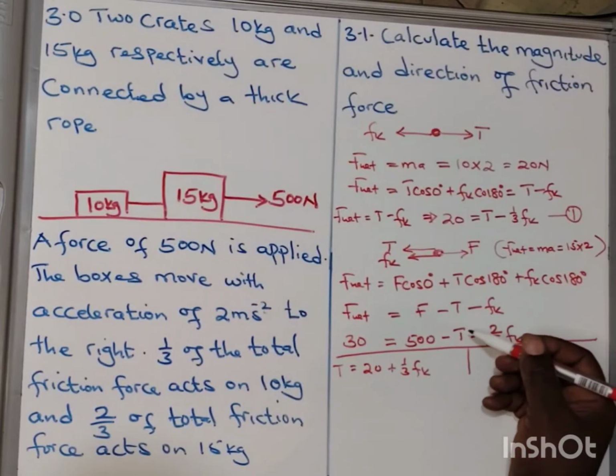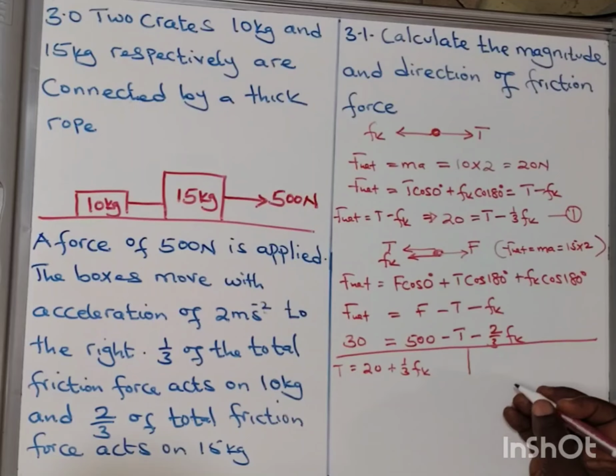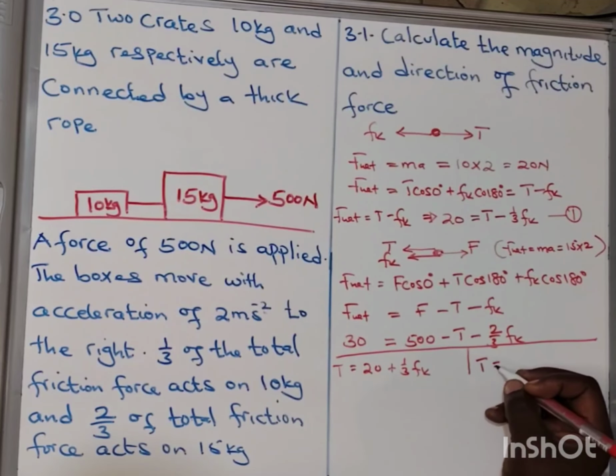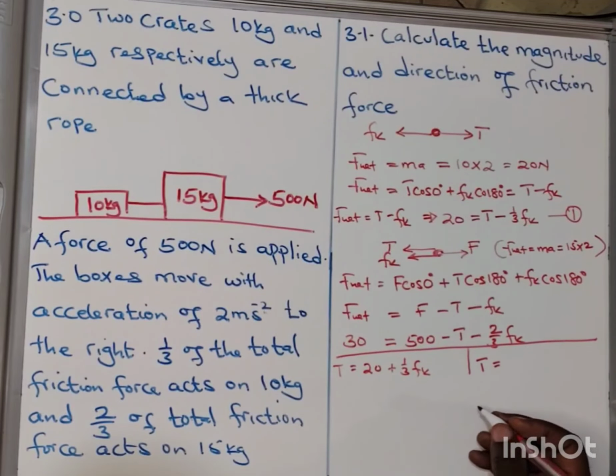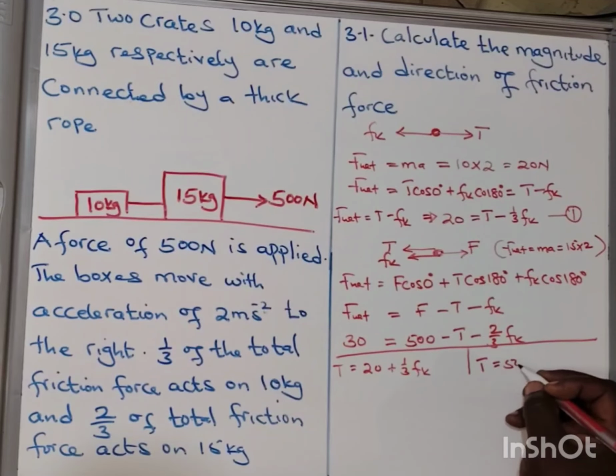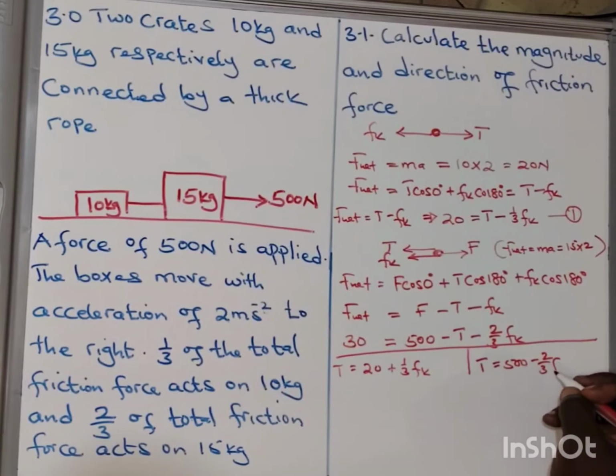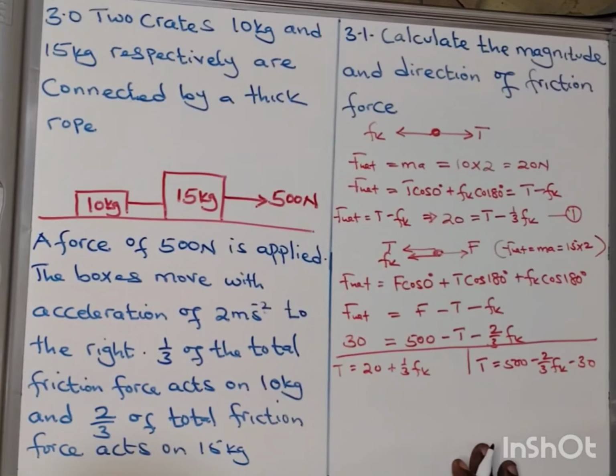While from this equation, our T is going to be equal to 500 minus 2/3 of Fk minus 30. But you have to remember that this T is the same as this T. I mean, the T from equation 1 is the same T in equation 2.